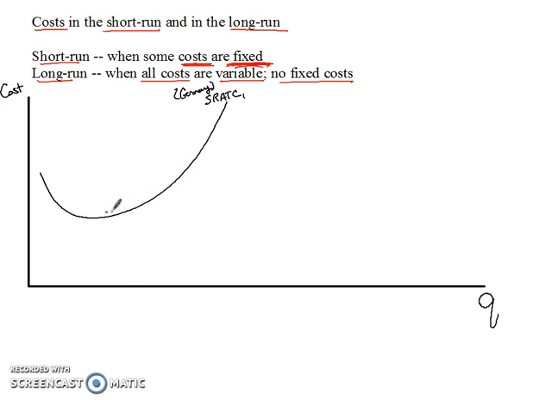We have other options. Maybe another option is that we want to build the plant in China. If we build the plant in China, there are going to be different costs involved. Labor costs maybe are going to be a little bit lower. Maybe the workers will be less productive than a German worker might be. Maybe there are going to be different taxes.